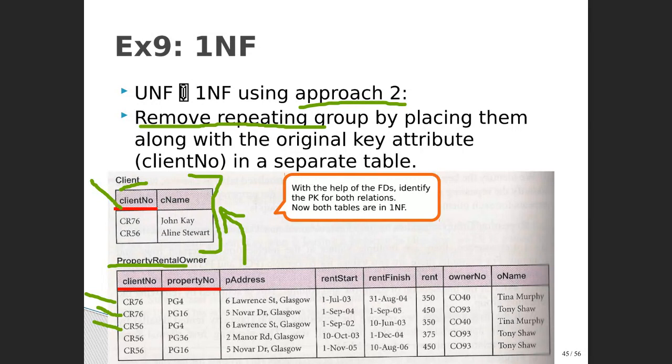Because there are no dependencies, just a single occurrence for each attribute. So this is fine. Let's focus on the property rental owner, including client number, property number, property address, rent start and rent finish, owner number, owner name.